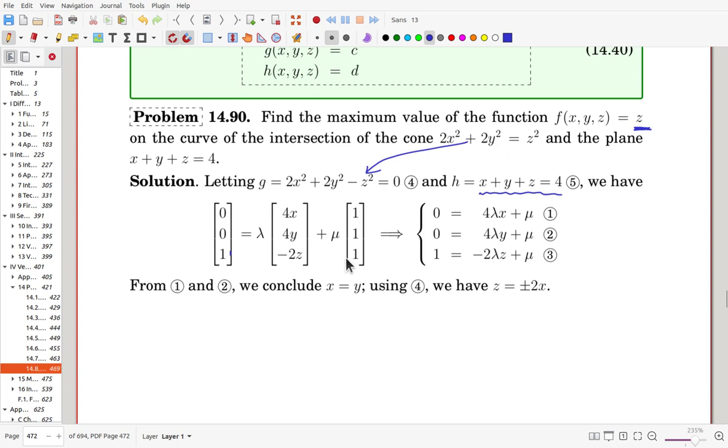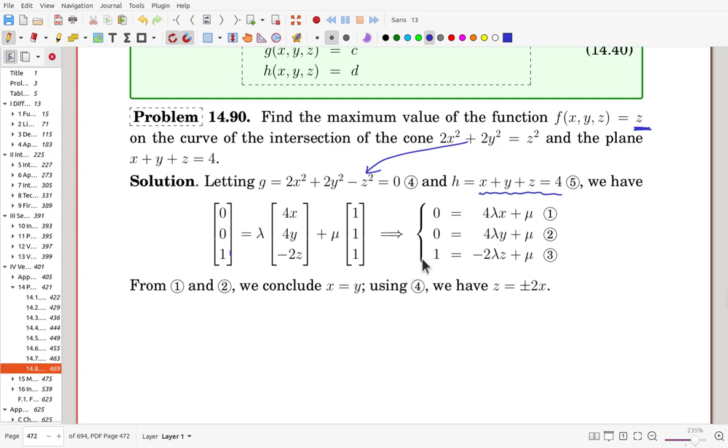So from this, 0 is 4 lambda x plus mu. From the second one, 0 is 4 lambda y plus mu. From the last one, 1 is minus 2 lambda z plus mu. These are three equations from the gradient, and this is the first constraint, and there is a second constraint. We have 5 equations.